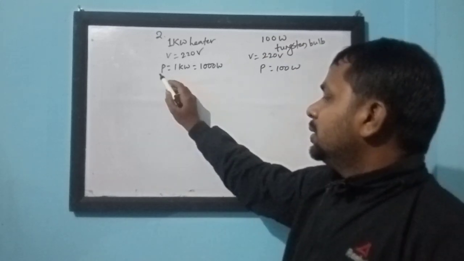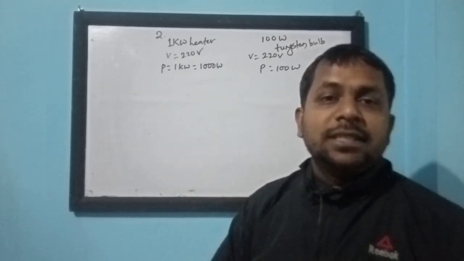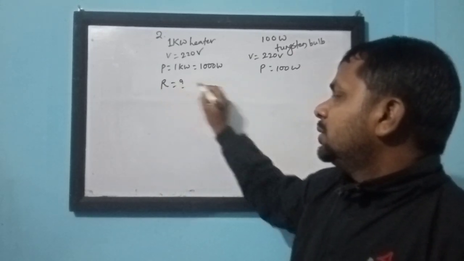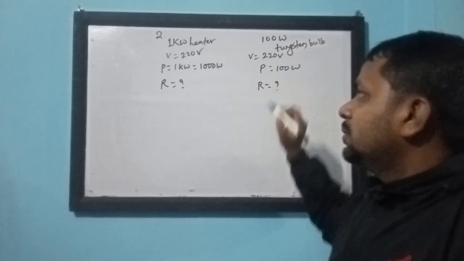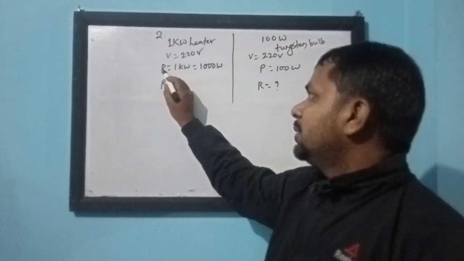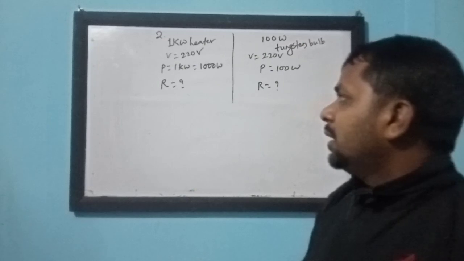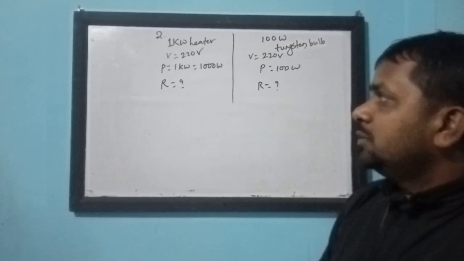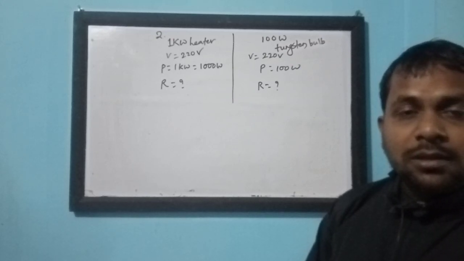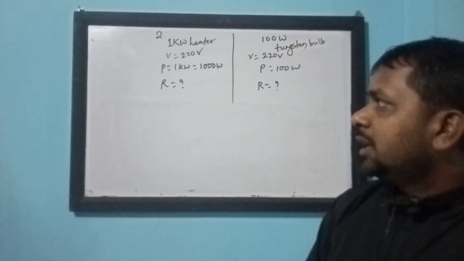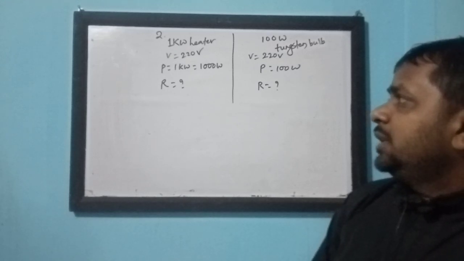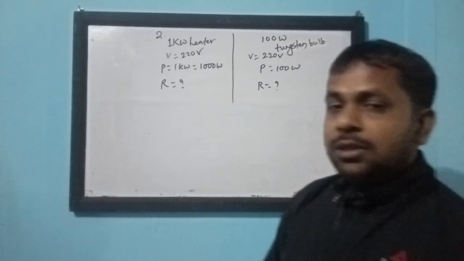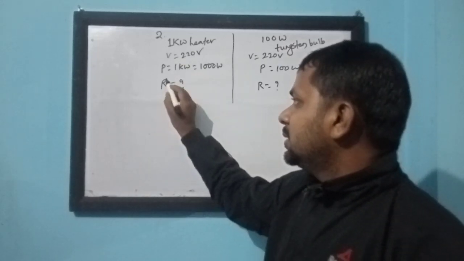Then it is asking which has more resistance, so here we have to find R for each. P and V are given, we have to find the value of R. Which formula do we have to use? We do not have a direct formula relating P, V and R, is there? No. Then let us see another, indirect formula.